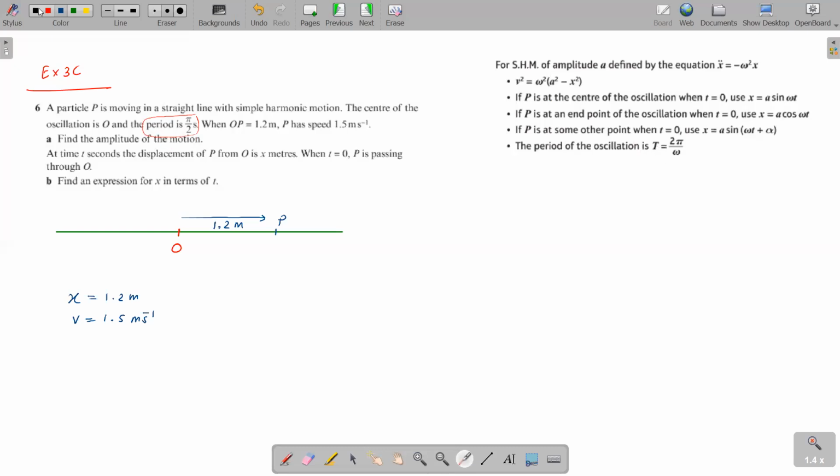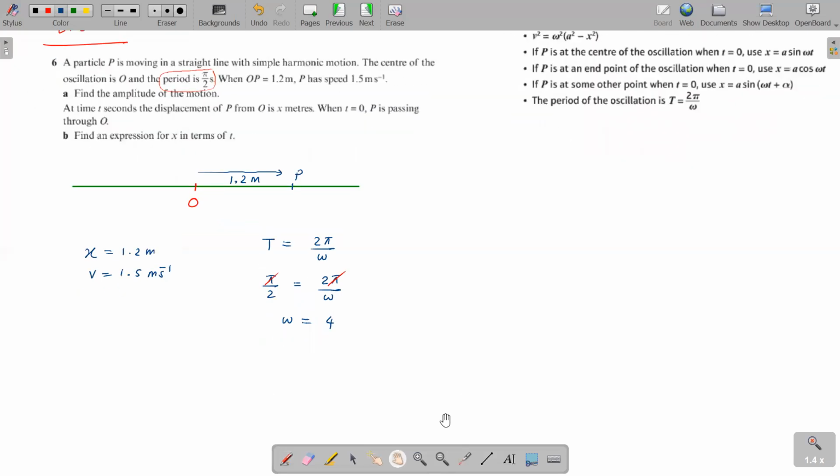So T is 2 pi over omega, so pi over 2 equals 2 pi over omega. So pi cancels out. You can see here omega equals 2 times 2, 4. Omega is equal to 4.